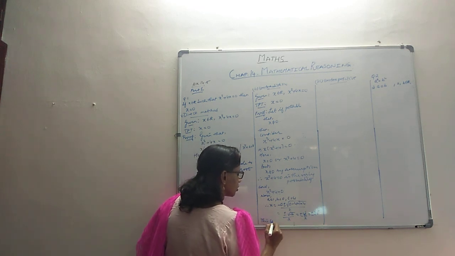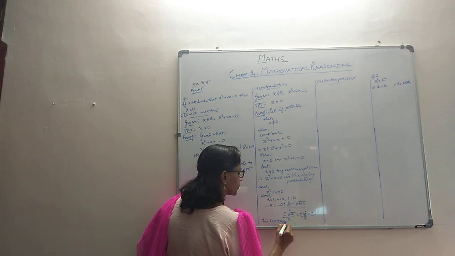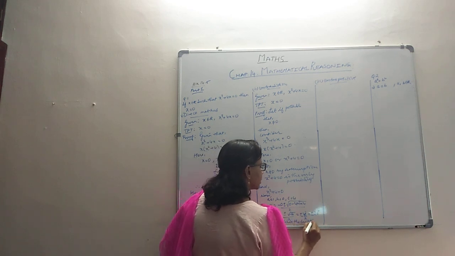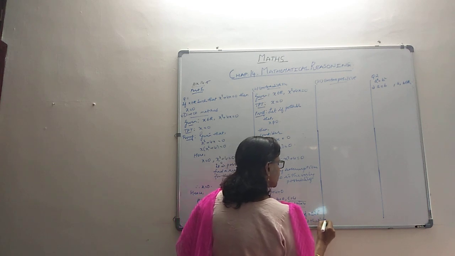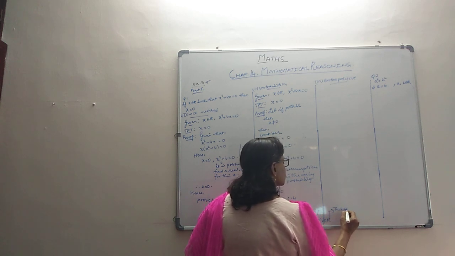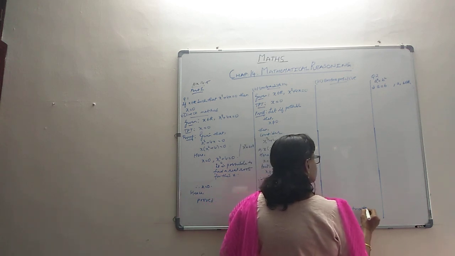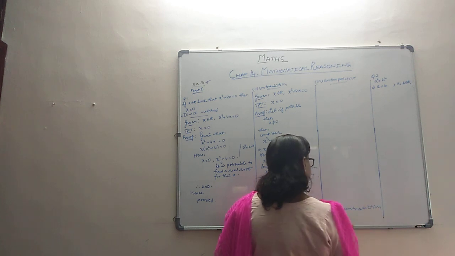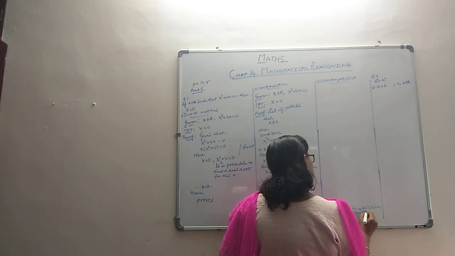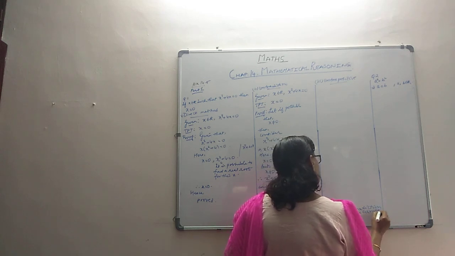This contradicts the fact that x is real, that x belongs to R. So, I will have a small note here. This contradiction arose since our assumption is wrong.